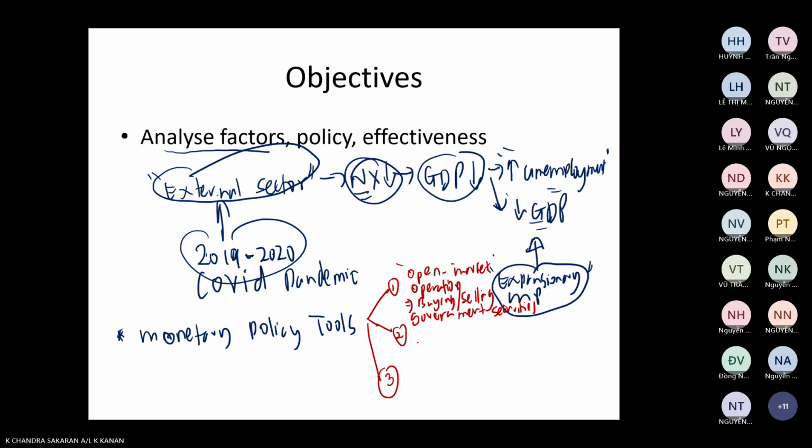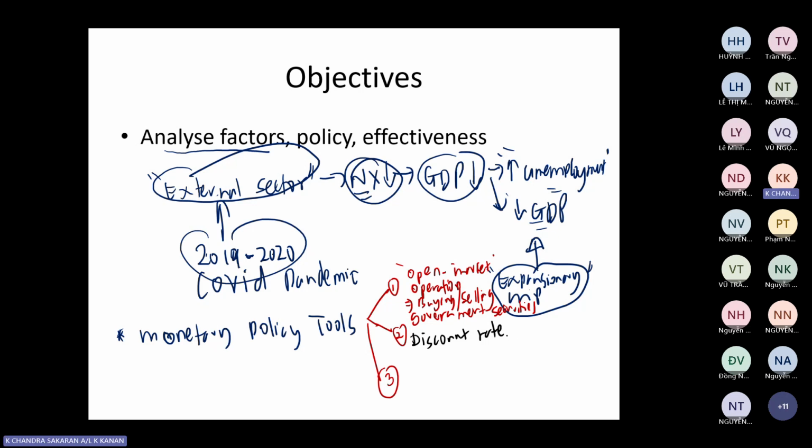Okay. What's the second tool? The second is the discount rate. Discount rate is the borrowing rate. How many percent interest rate the central bank charges the commercial bank if they want to borrow from the central bank?